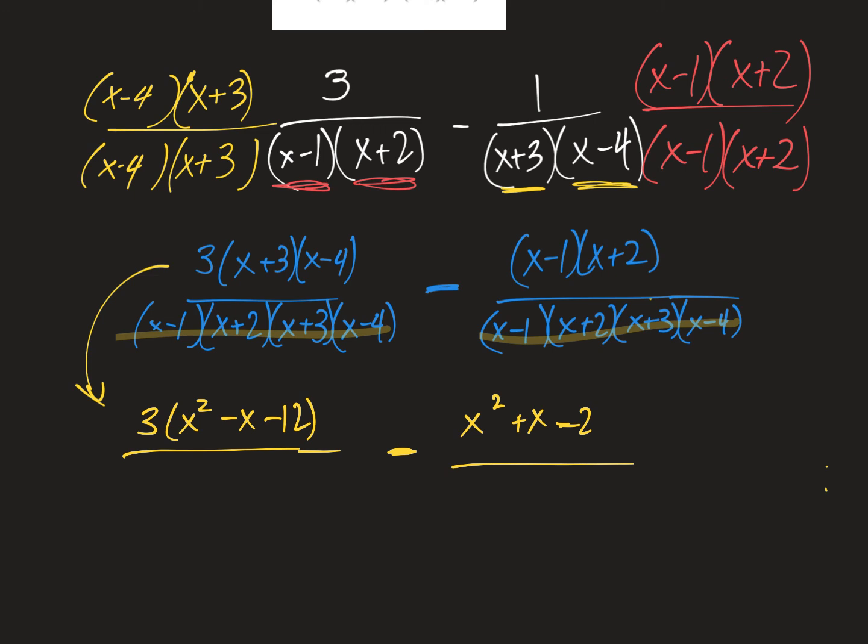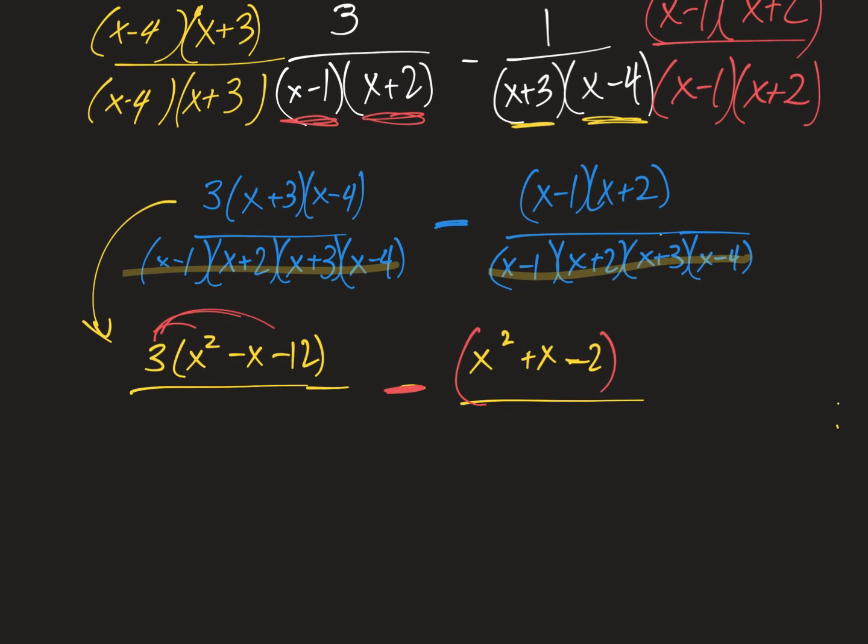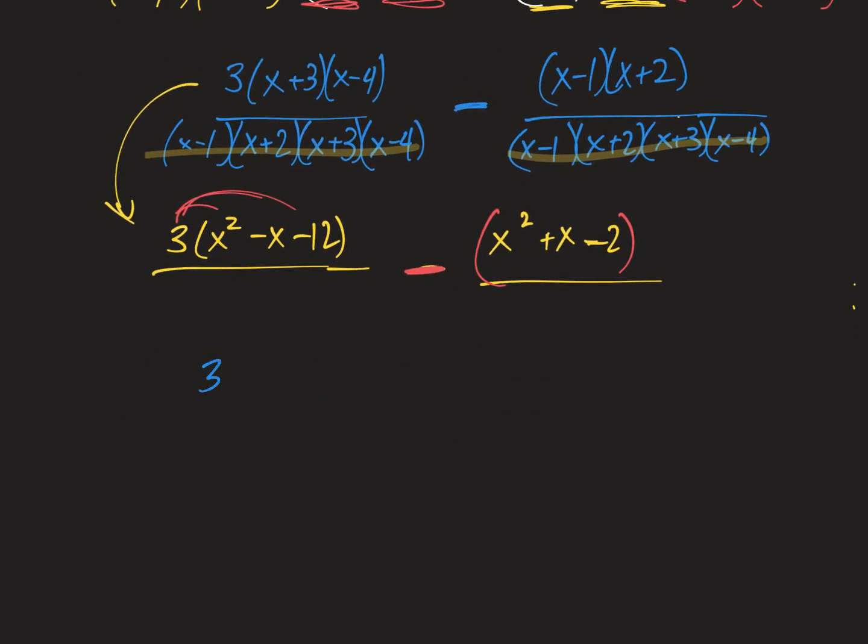And now we can kind of understand that, hey, we know that we're only going to subtract the two pieces on top, right? So we can distribute this 3, and we get 3x squared minus 3x minus 36 minus x squared plus x minus 2.